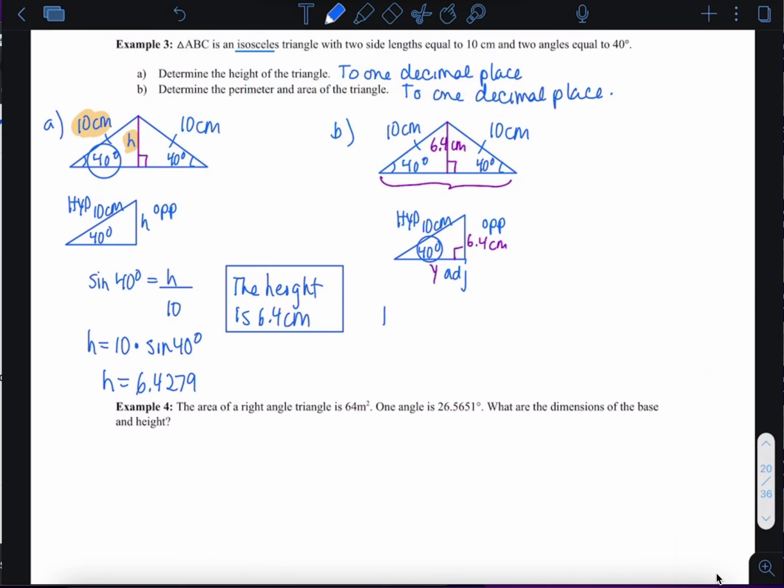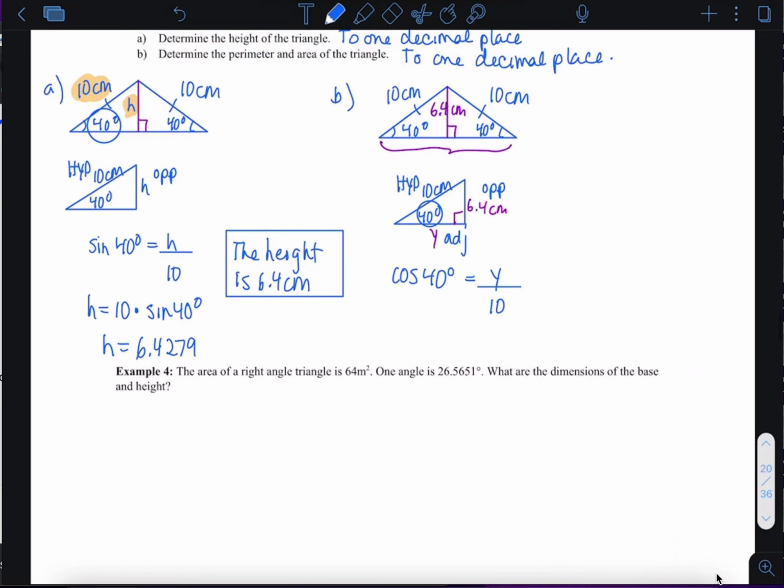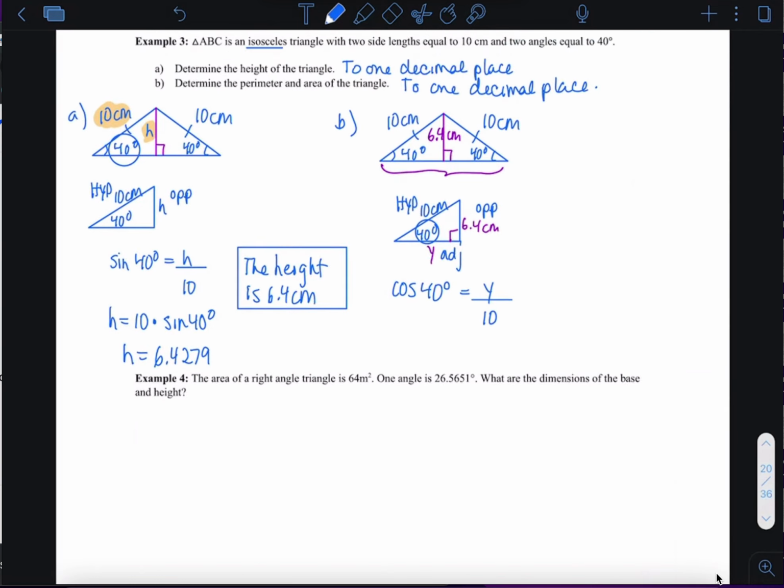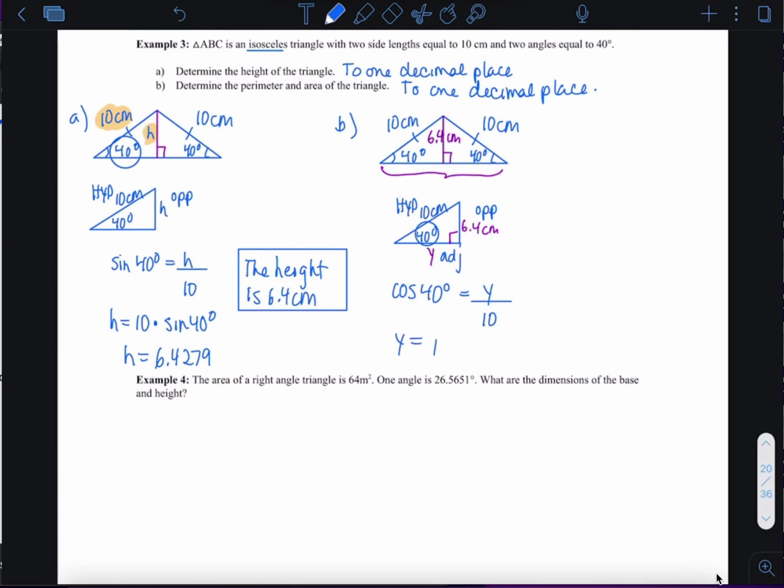So what I can do is use tan, or let's use cos. We have cos 40 degrees is adjacent over hypotenuse. And I can say that y is 10 cos 40 degrees, and y is 7.6604.